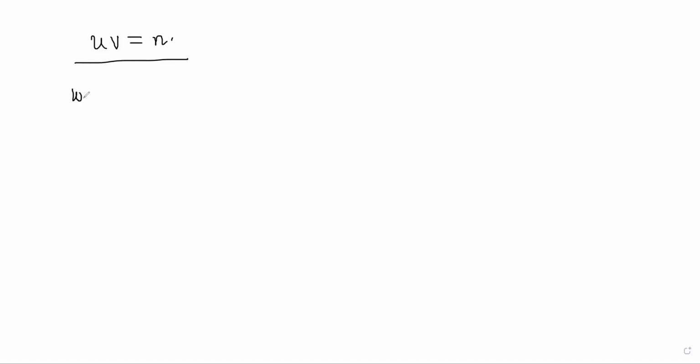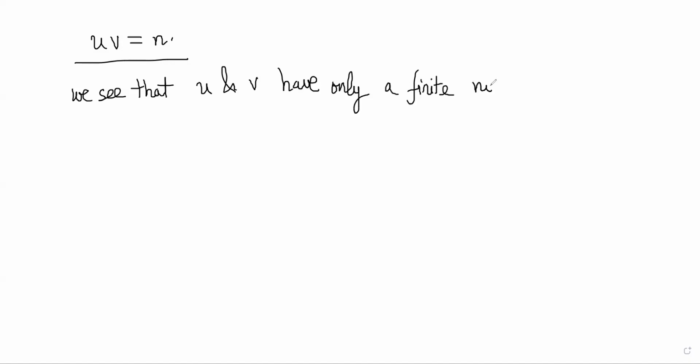So we see that u and v have only a finite number of solutions here. Why? Because n is a positive integer.